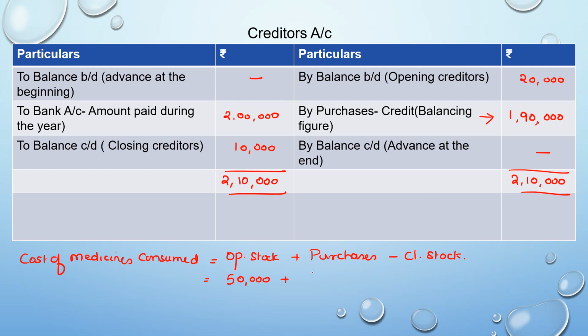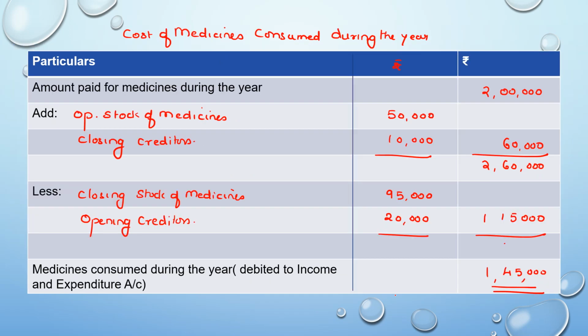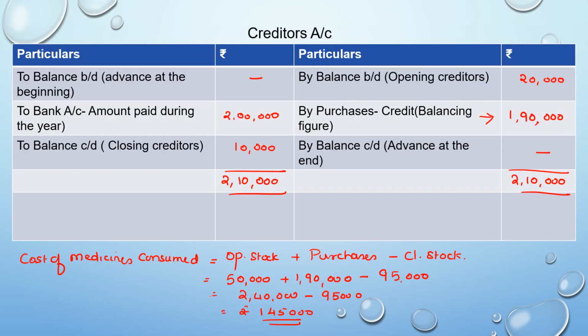Purchases, only credit purchase available with us. No cash purchase is given, so we just add that and subtract the closing stock of 95,000. So 2,40,000 minus 95,000, that would give you 1,45,000 as the cost of medicine. So you see here, it is the same amount that you get. Whichever you find easier, please do adopt that particular method to solve. So I hope it is clear to you with this.